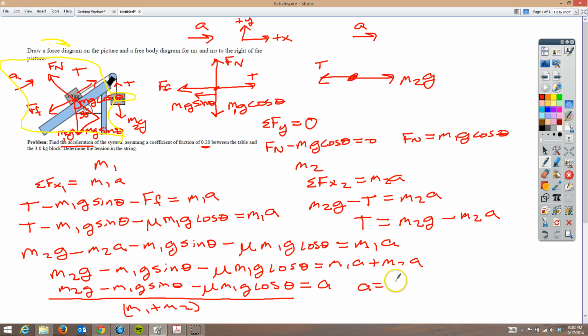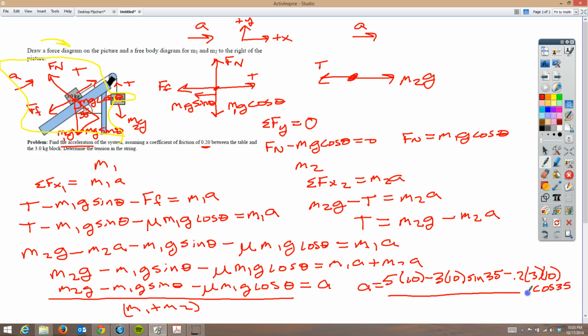So here we're going to say a is equal to m2, which is 5, times gravity, which is 10, minus m1, which is 3, times 10 times the sine of the angle, and the angle we have here, remember, is 35 degrees, minus the coefficient of friction, which they told us was 0.2, times m1, which was 3 again, times gravity, which is 10, and then we multiply that times the cosine of 35.